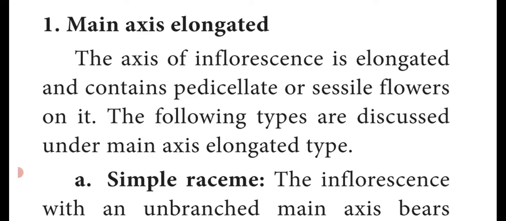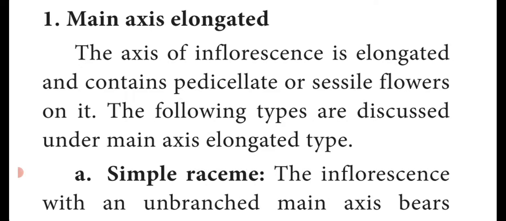So, in the main axis elongated type, the inflorescence axis is elongated. The flowers are arranged in the inflorescence axis with or without pedicel, as pedicellate flowers or sessile flowers. So this main axis elongated type of racemose inflorescence is again divided into different types.